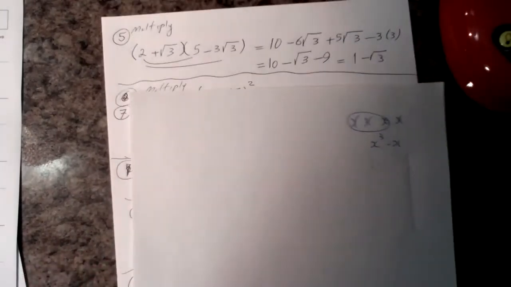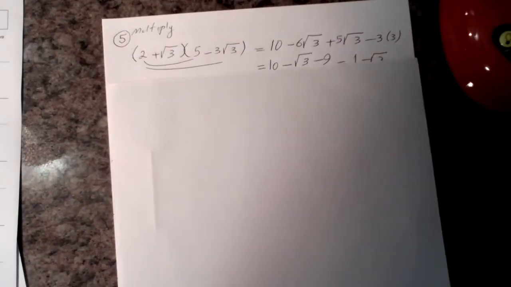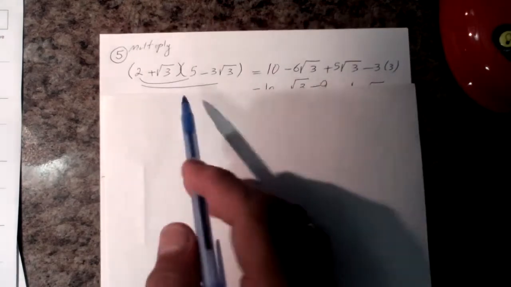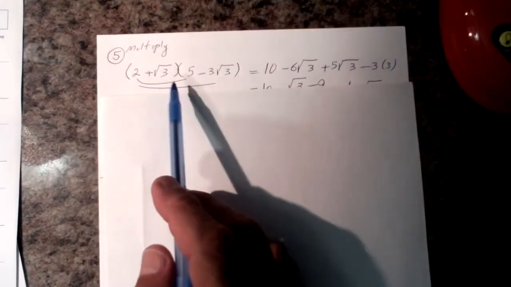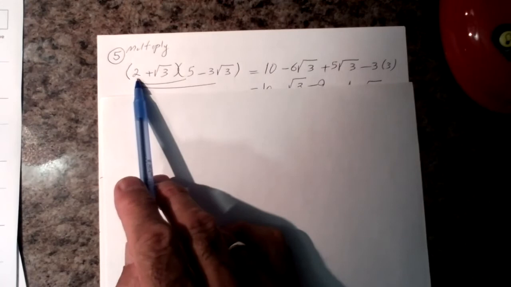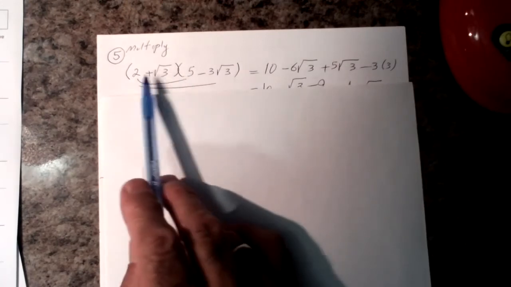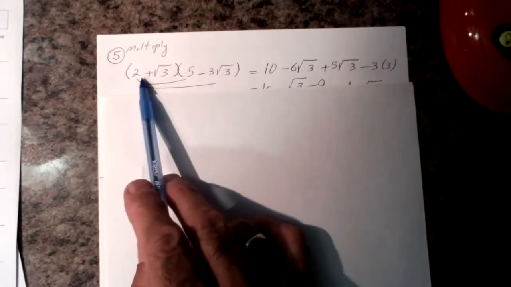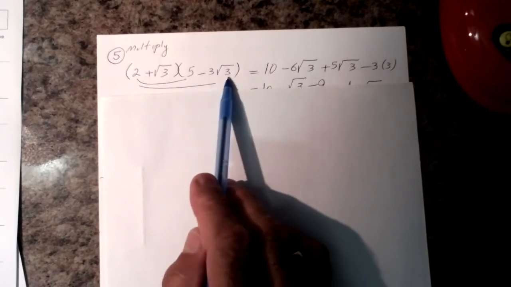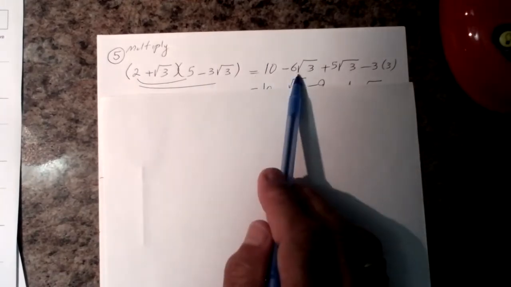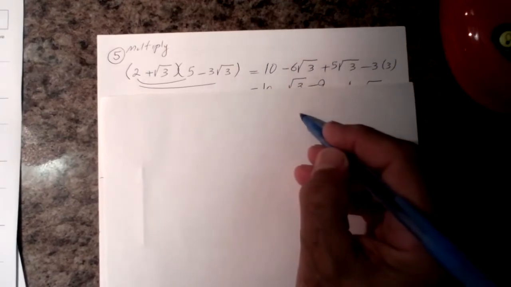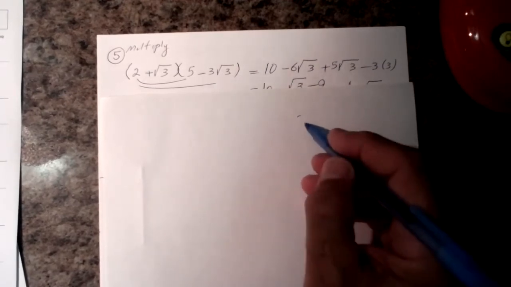Then it goes to multiplications. When you multiply these two, you start with one of the parentheses. You take the 2 and multiply by 5. 2 times 5 is 10. What is 2 times minus 3 radical 3? It's minus 6 radical 3. See, when you have a number, this is an example.